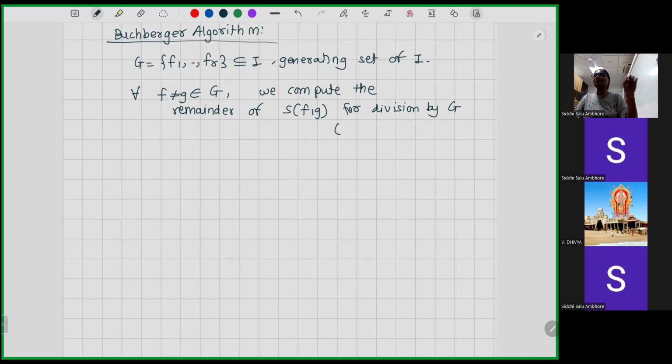When I say in any order, the monomial order of the polynomial ring is fixed, but the order of elements of G can vary.